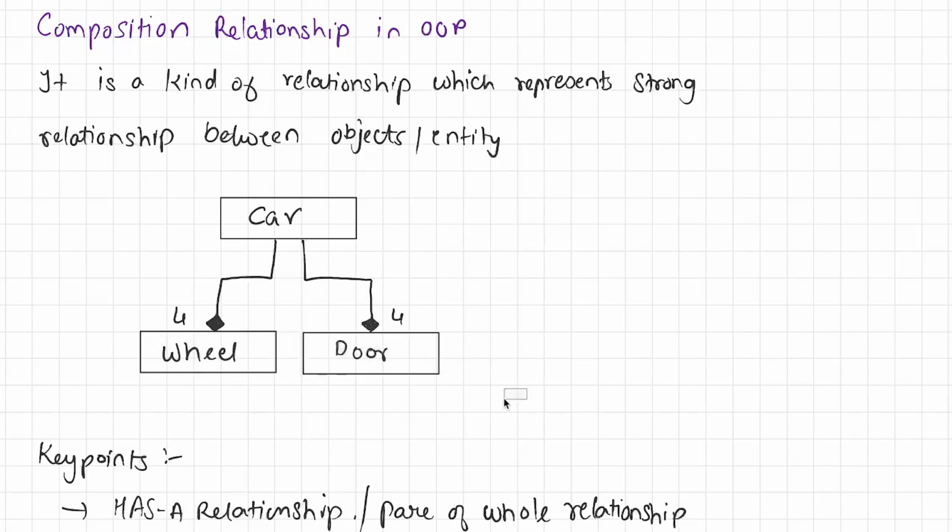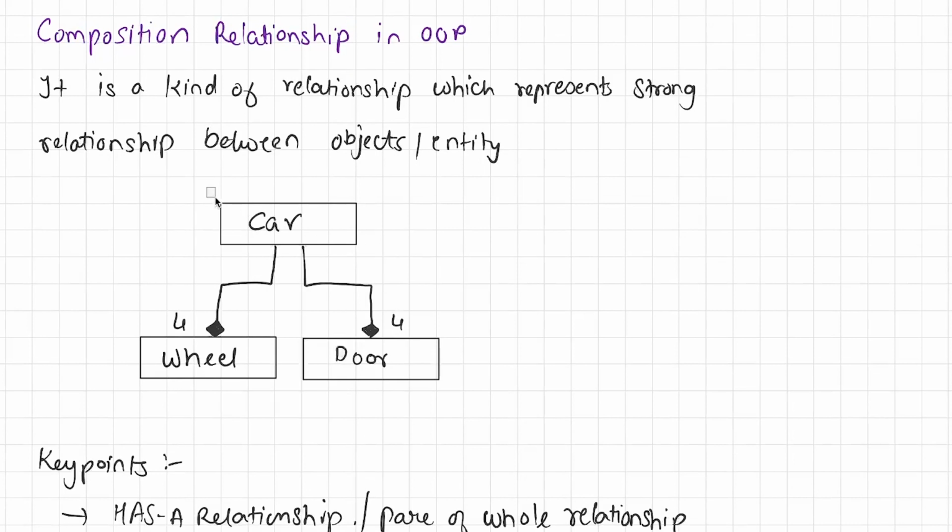Now the challenge is we want to model this relationship using UML. So how are we going to model it? Let's see. We have a car here and we have a wheel here. Wheel is a class and car is also a class. To represent a strong relationship or composition relationship between car and wheel, we use a filled diamond symbol.